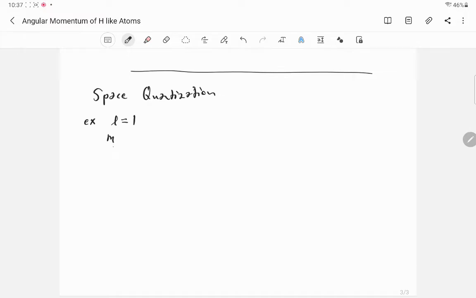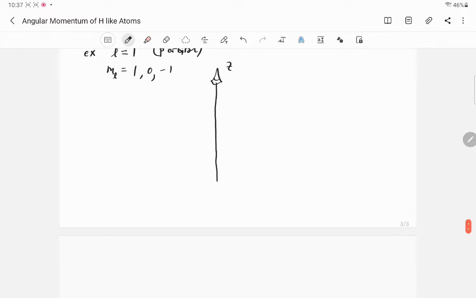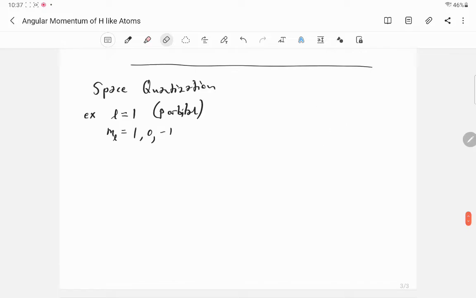L equals 1 means that m sub L can either be 1, 0, or minus 1. So I'm considering a p-shaped orbital, a p orbital. Let me draw my coordinate system. I'll do it in black. This is the z-axis. Actually, it's not going to fit here, so let me draw it here.